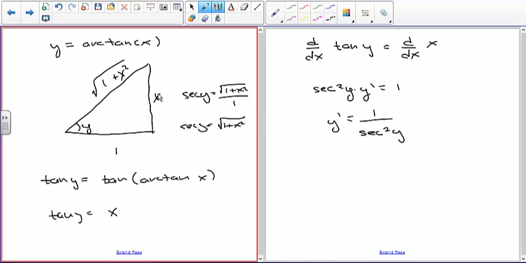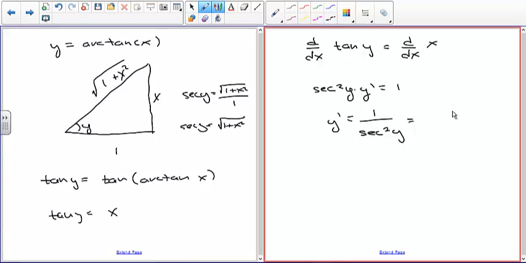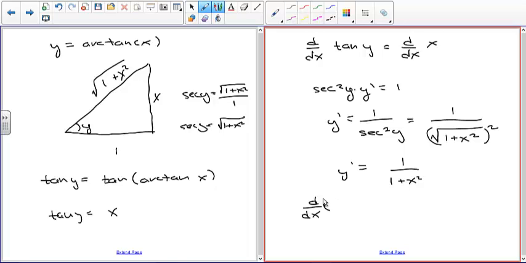So based on my originally defined triangle, the secant of y is the square root of 1 plus x squared. So I plug that in, and I get y prime equal to 1 over 1 plus x squared. And therefore, the derivative with respect to x of the arctangent of x is equal to 1 divided by 1 plus x squared.